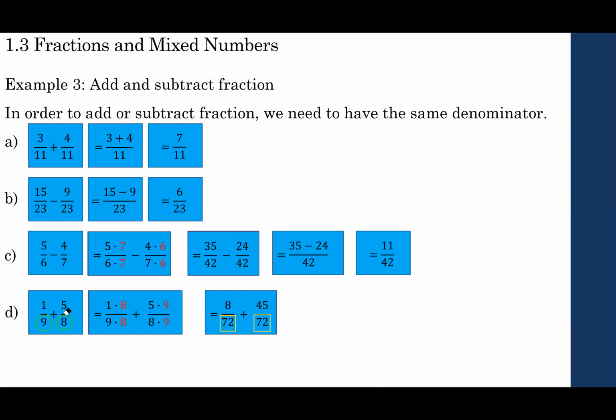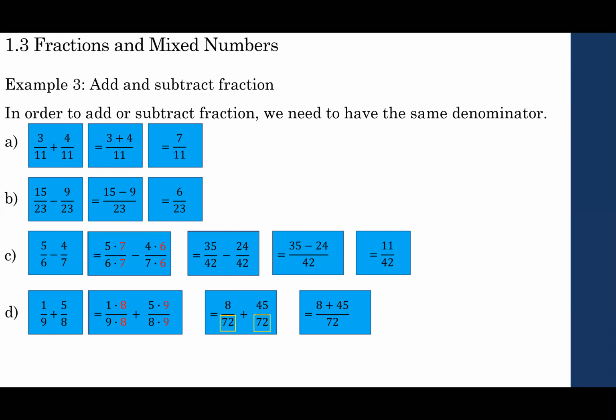And again, once you are able to find a common denominator, now life should be good, because again, all you need to do is keep the bottom, because the bottom is the same. I can keep the 72 and add the top, right? Which is again 8 plus 45 over, kept the bottom, 72, which gives me 53 over 72.